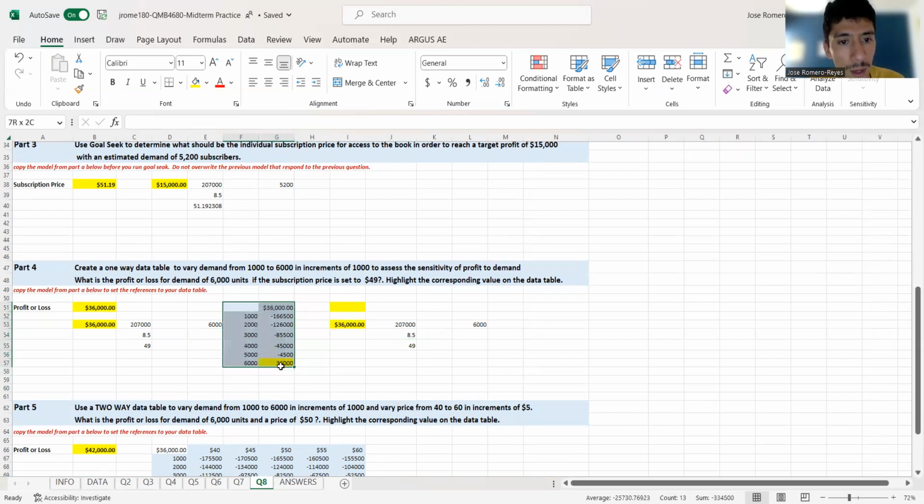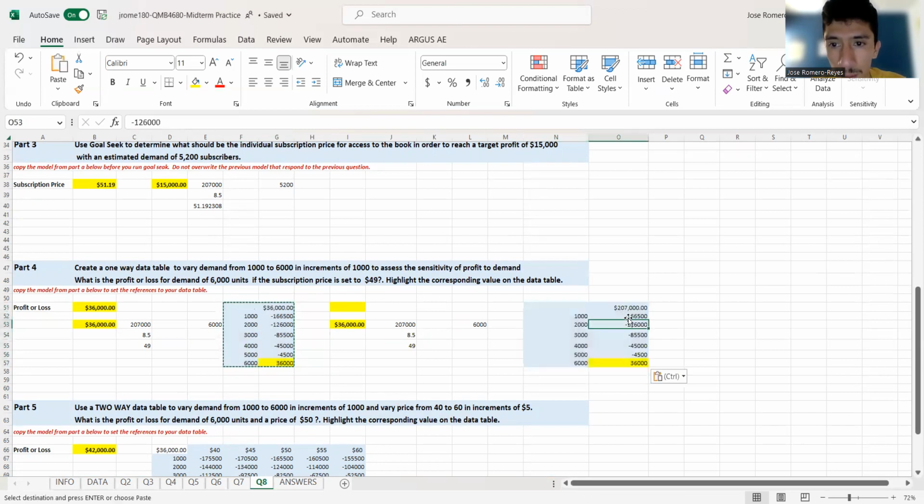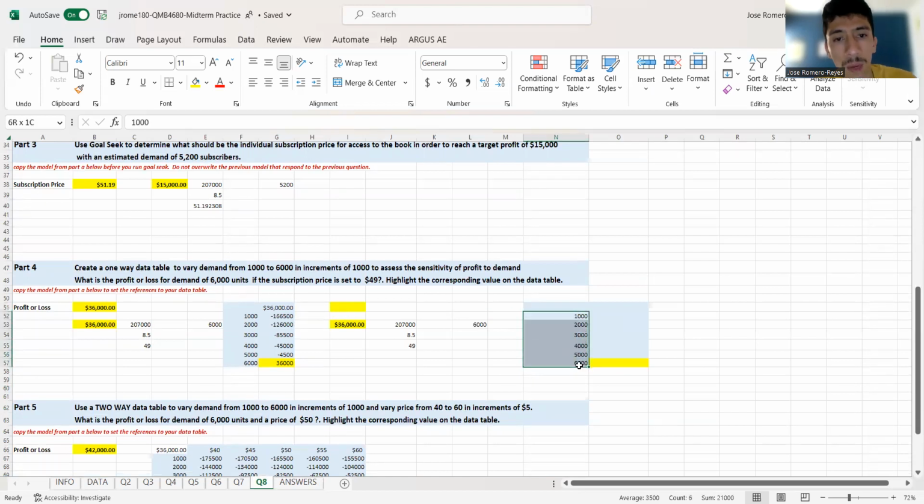I'm going to copy this data table so we can have it here as well, but delete the values. So we have our data table here. It's raw, and we have it from increments of 1,000 to 6,000.